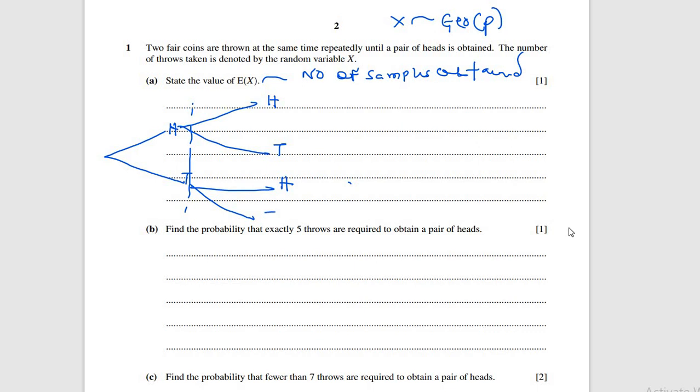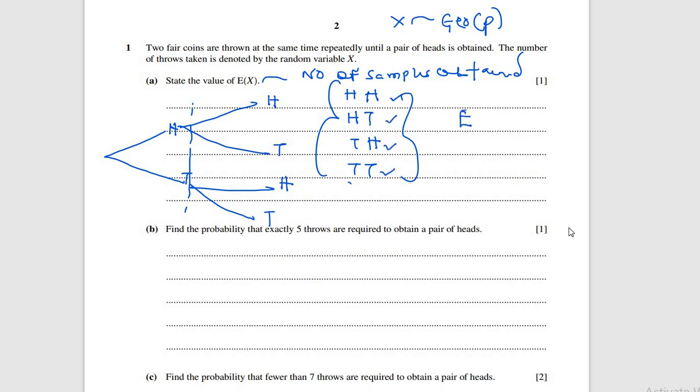head, tail. Now let's take the sample space. The first one is head, head. The second one is head, tail. The next one is tail, head. And the last one is tail, tail. When you count it, the total sample space is 1, 2, 3, 4.